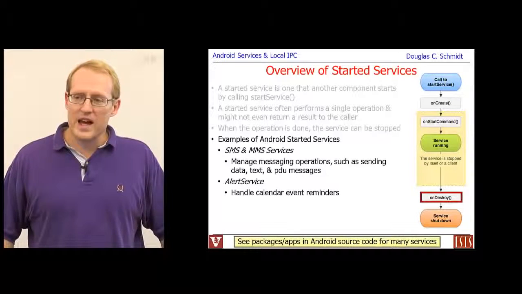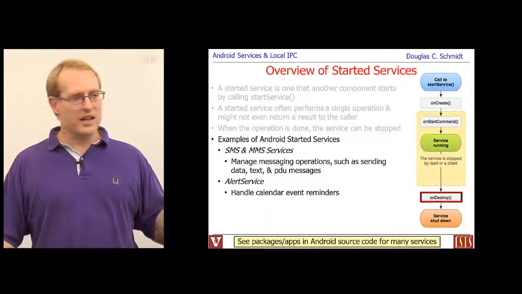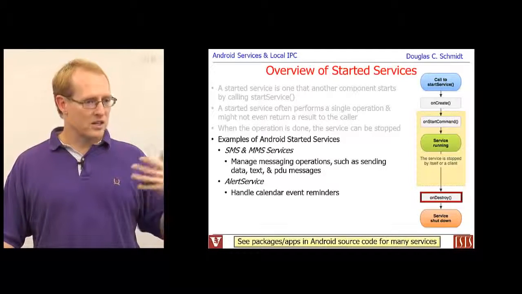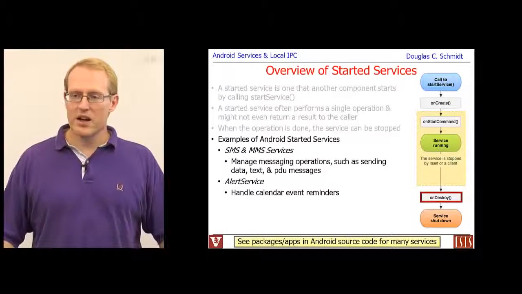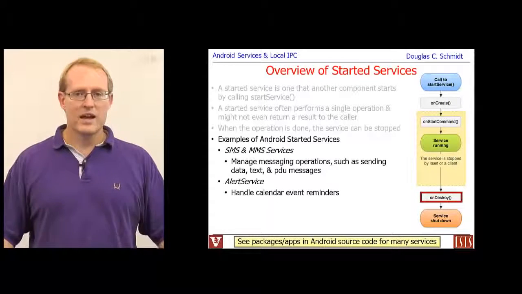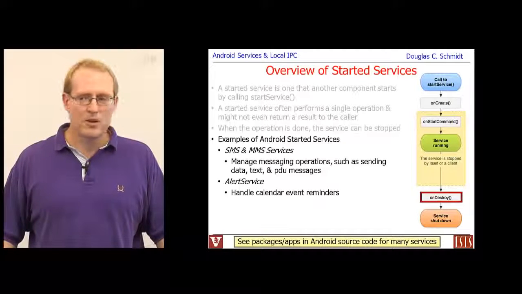So with the started service, then some examples would be the MMS and SMS services that are used to process MMS and SMS messages that go to and from the device. When a user makes an SMS request, it can start a service to do the actual transmission of that device because it's going to go out over the network over top of TCP/IP, for example.